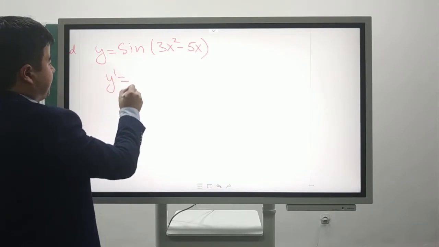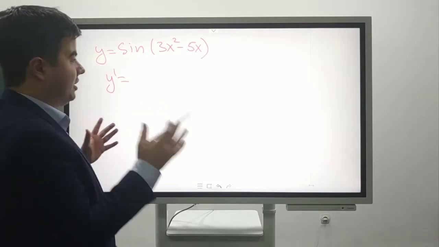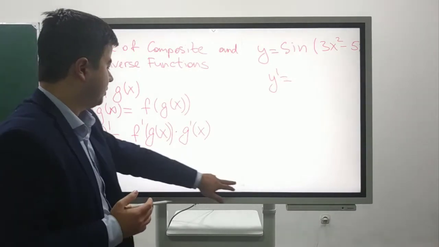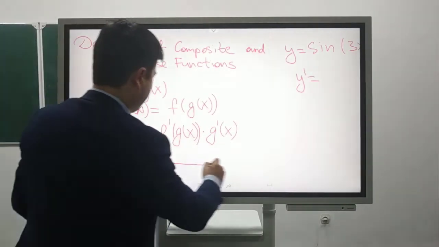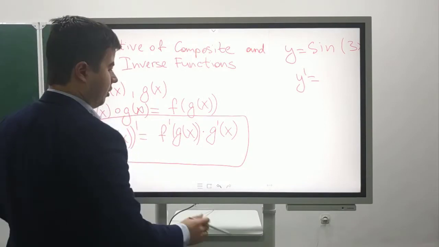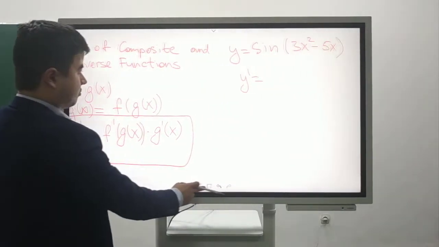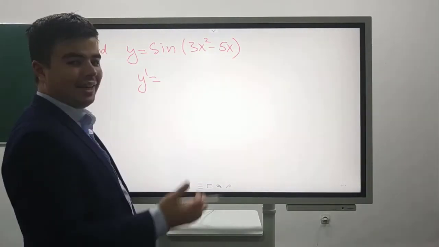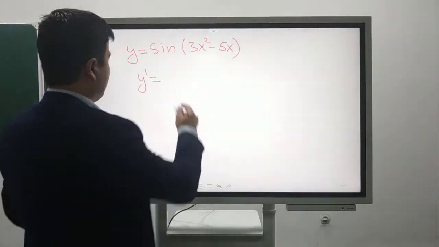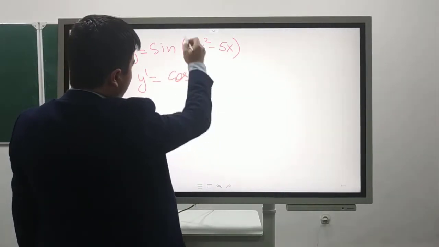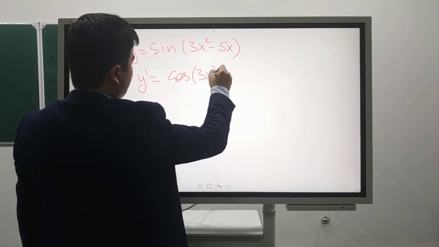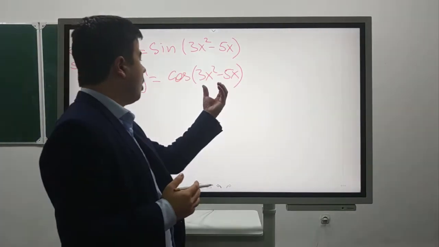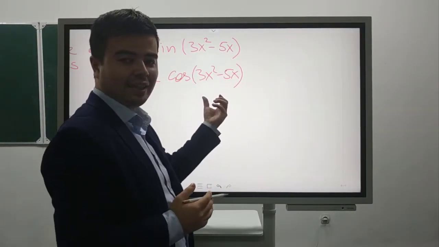Here y prime is... now let's recall the formula for the composition of two functions. The derivative of sine is cosine. So here we have cosine, and we just rewrite this argument, 3x squared minus 5x, and now we need to take the derivative of this argument function, the second function.